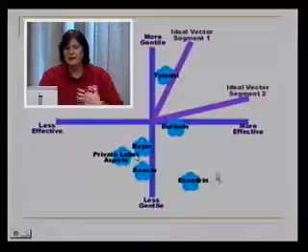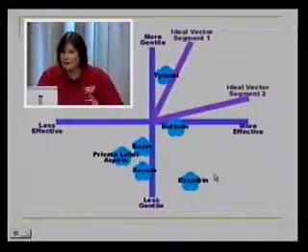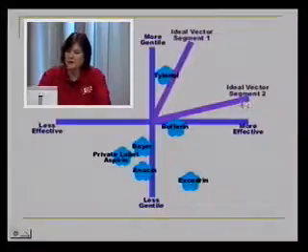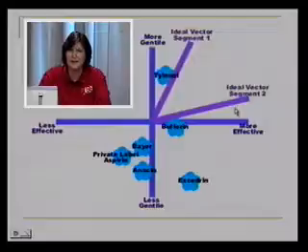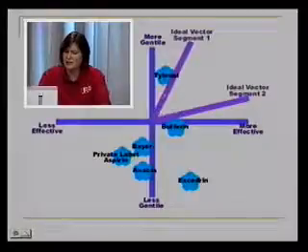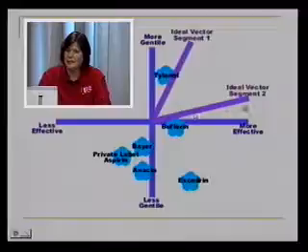Okay, so we get an idea. Again, this may be true, it may not be. This is the perception. Now you also see something else, these purple lines that are called ideal vectors, segment 1, segment 2. We asked them, where would you like your aspirin to be? What are you most concerned about? And we see a line in here, we see this area, and we see this area.